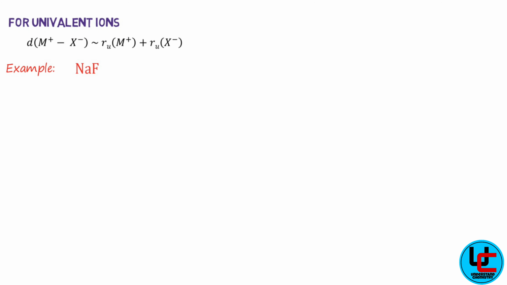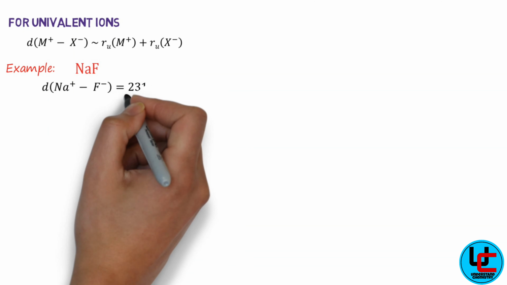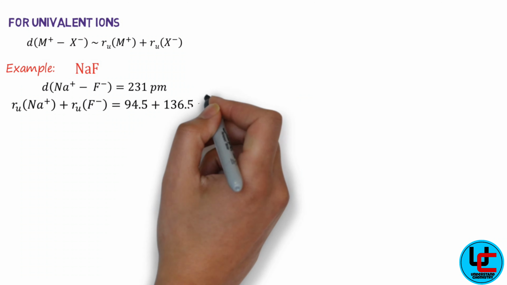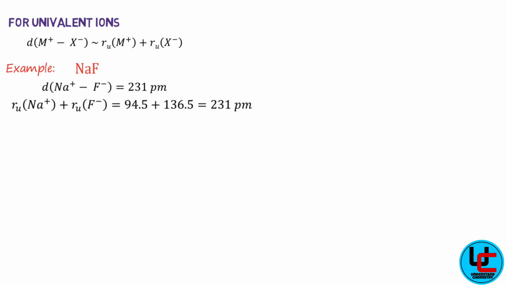In sodium fluoride, the internuclear distance D between univalent sodium cation and univalent fluoride anion is 231 picometer, which is equal to the sum of radius of univalent cation and radius of univalent anion, which is calculated as 231 picometer.